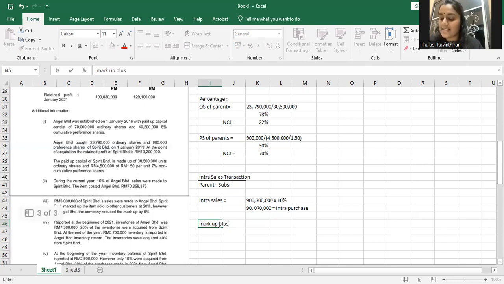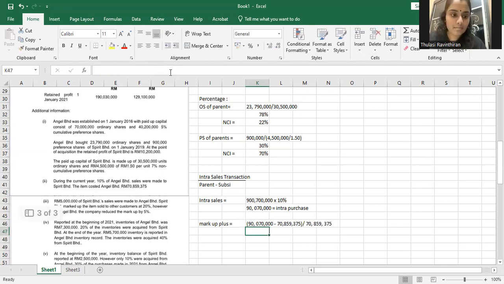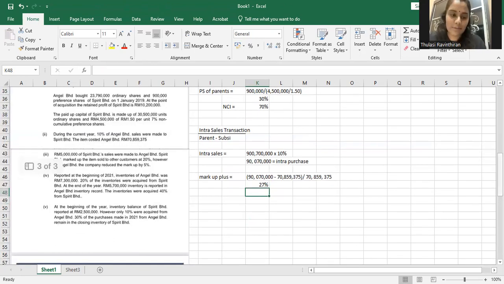So the formula for markup is intra sales minus cost of item, divided by the same cost of item, which is 90,070,000 minus 70,859,375, divided by 70,859,375. Okay, the answer will be 27%.